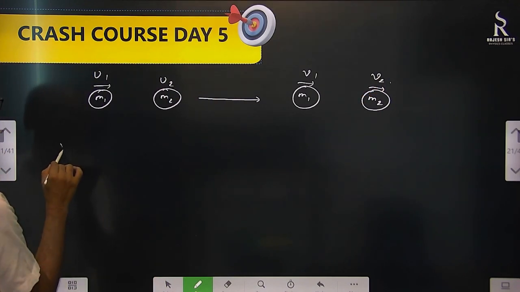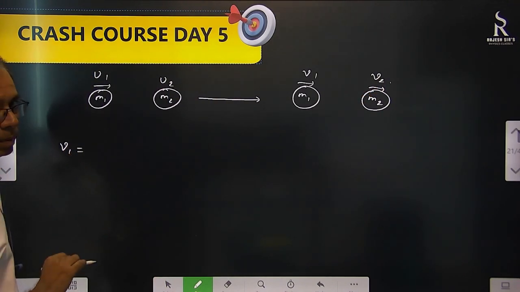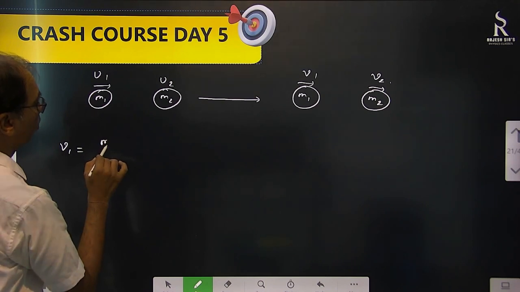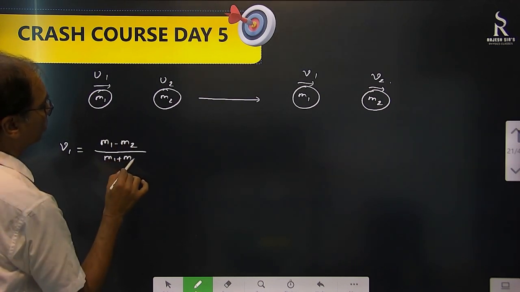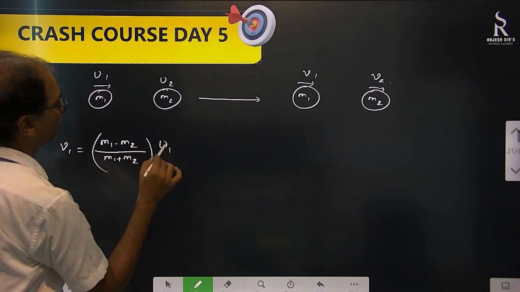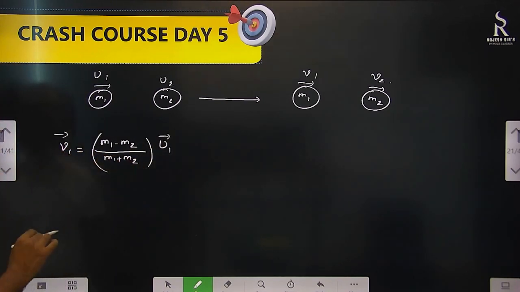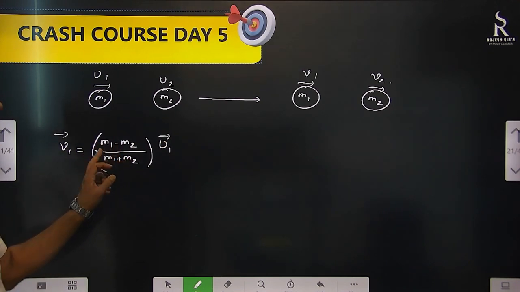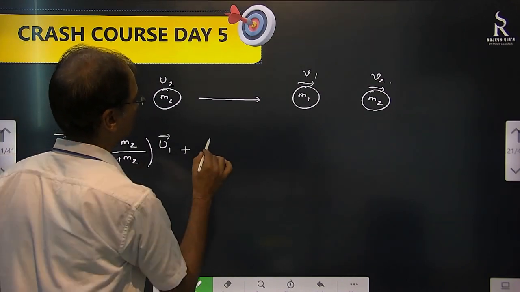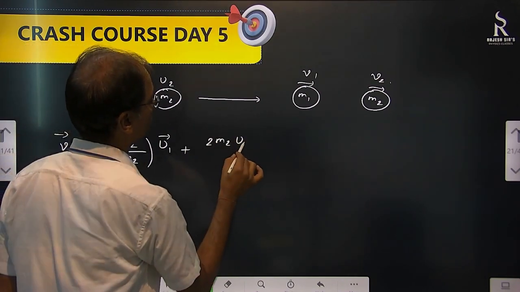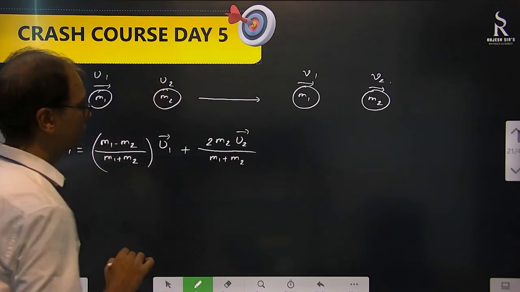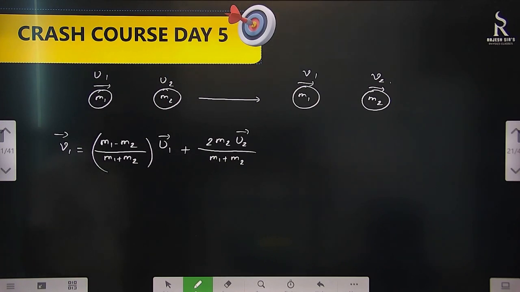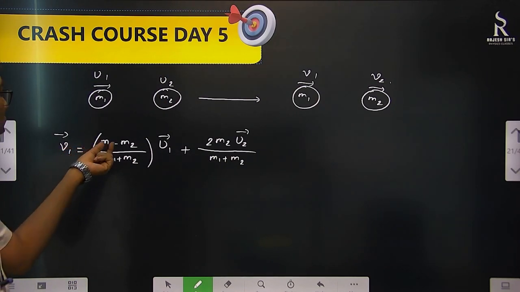So what is V1? This formula you have to remember. V1 equal to (M1 minus M2) by (M1 plus M2) into U1, plus 2M2 U2 by (M1 plus M2). You can put it vectorially also. There is no issue in that. For V1, M1 minus M2.